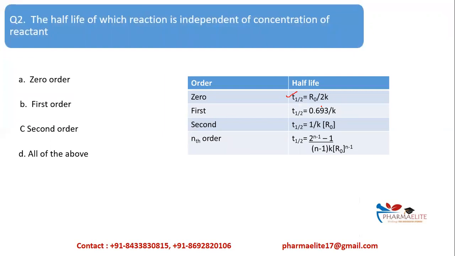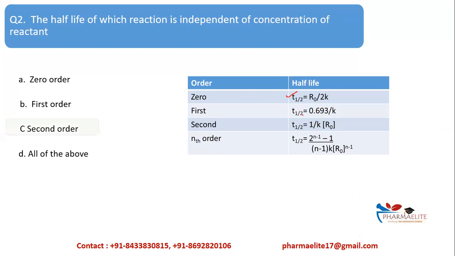In second order, again you can see it is t half equals 1 by R naught times K. So it is again a concentration term which is involved. And this is for the nth order. So you can see here from all of the above, the one which is independent of concentration is the first order one. That is, its half-life does not depend upon the concentration.